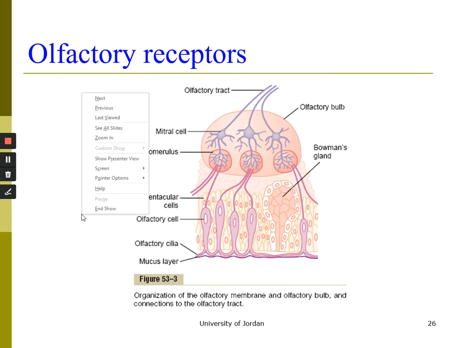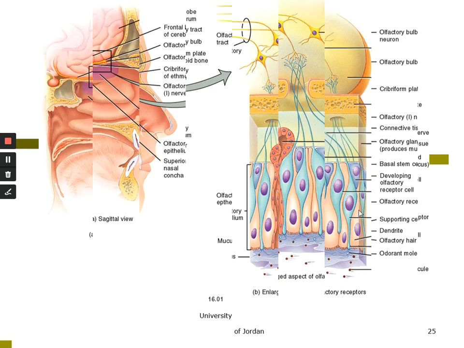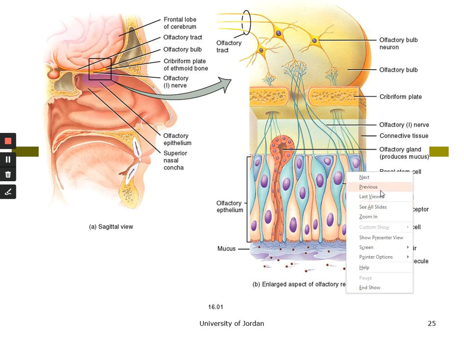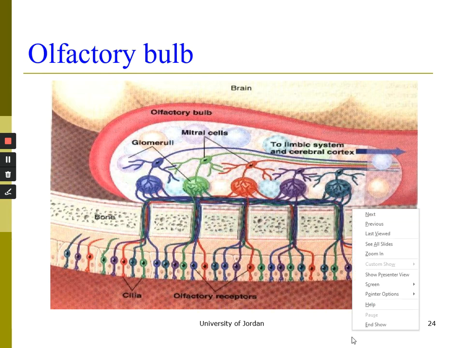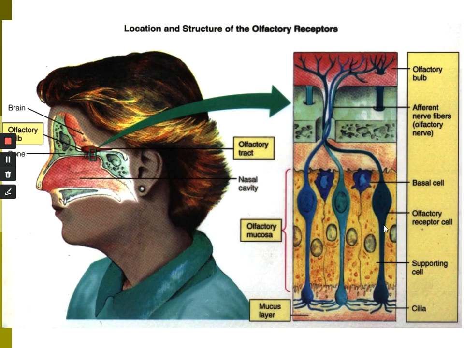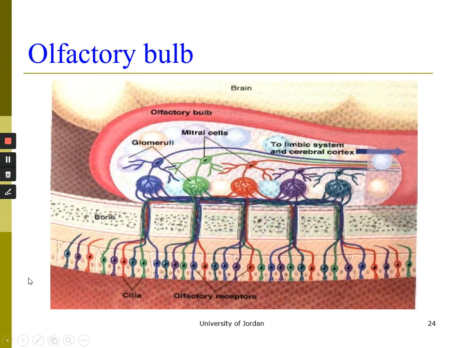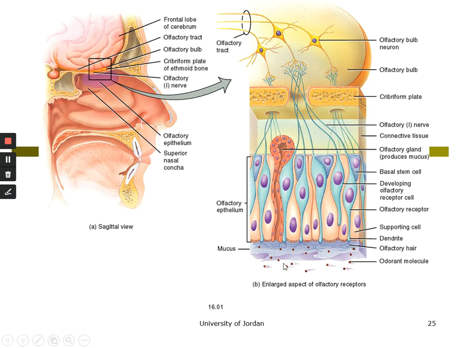Let's go back a little to see the bone here. The ethmoid bone. This is the ethmoid bone. Okay, so this is the pathway, in fact, for smell from the bipolar cells. These are the olfactory glands that secrete the mucus here.